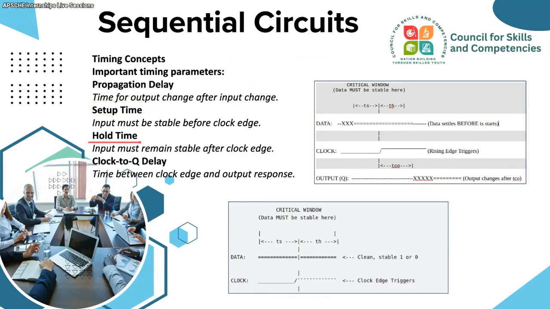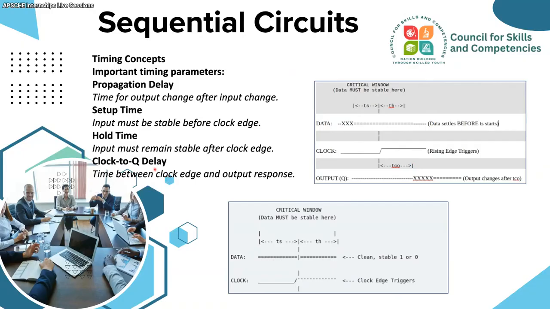Next, hold time. The input must remain stable after the clock edge. After the clock edge, the input must remain stable. That is called the hold time. So these two things are very much important. During that time, the input must be stable. If there is any change in the input, then our output is a total mess.